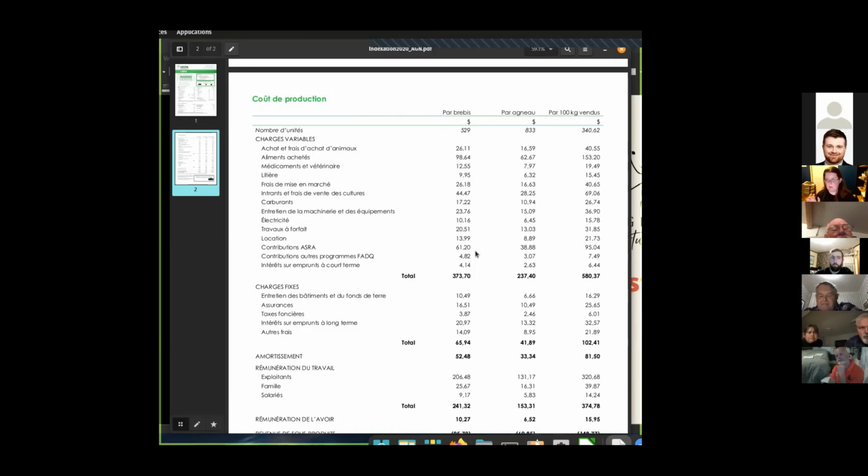I did not include those in my calculations. They kind of net out with what we get for ASRA. Depends on the year. And then underneath here they have fixed costs, and at the bottom here this rémunération du travail is their labor cost.